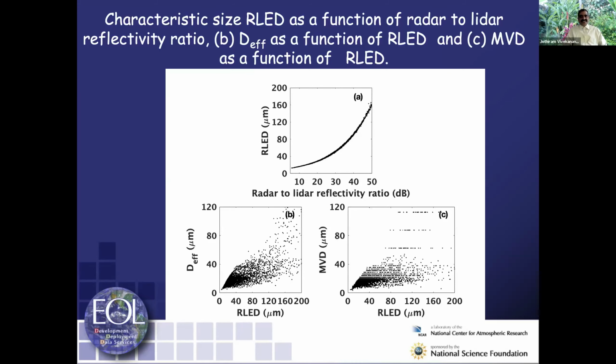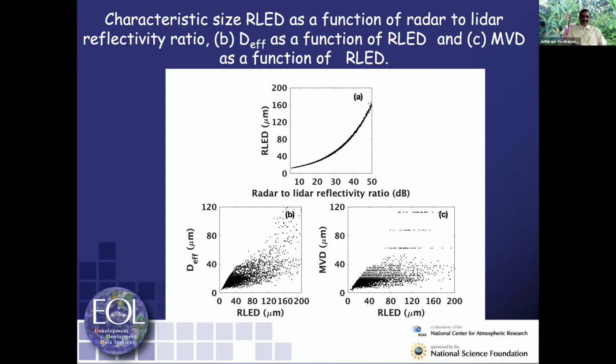I compare with other sizes we use in the community, like D effective, at the bottom left. I compare the D effective size with the radar-LiDAR estimates described in this talk. The bottom right shows MED, median volume diameter, on the y-axis, and again RLED. These could be related if you assume a droplet size distribution.